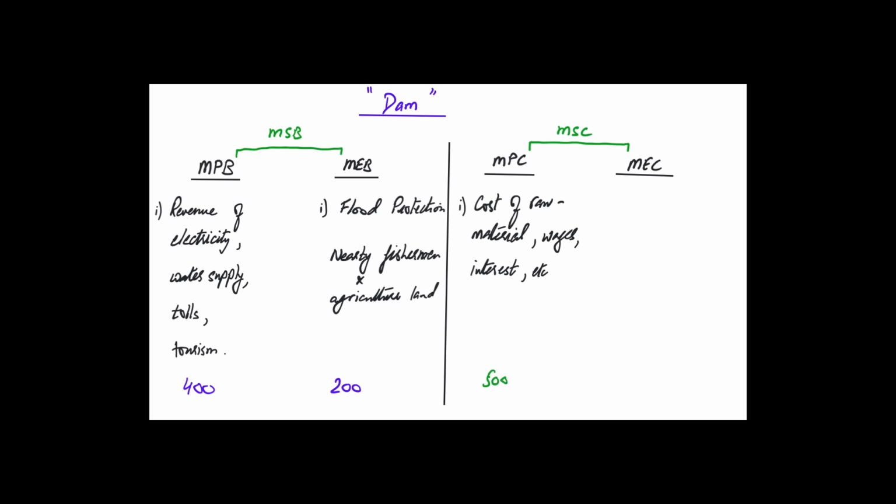Now let's take a look at the external costs for it. The external costs are going to include maybe smoke and noise pollution. Those are the negative ones. It could include displacement of people.